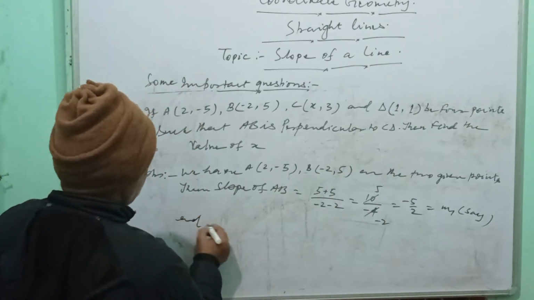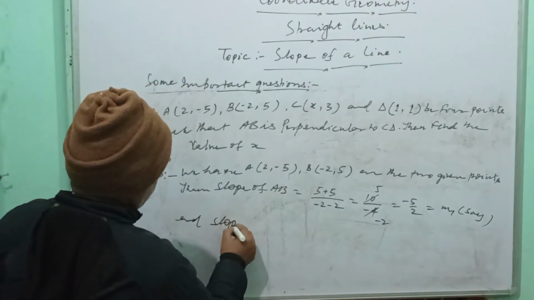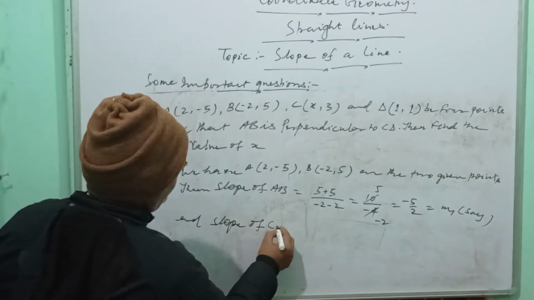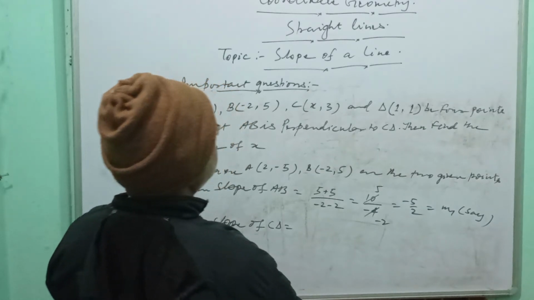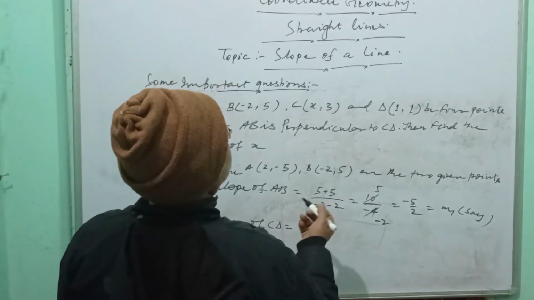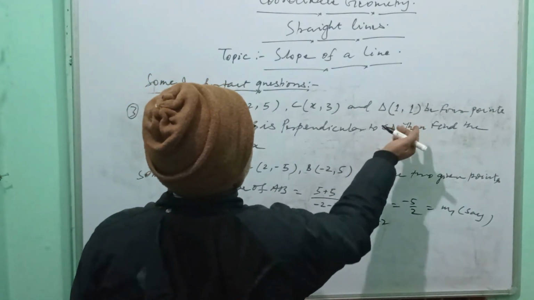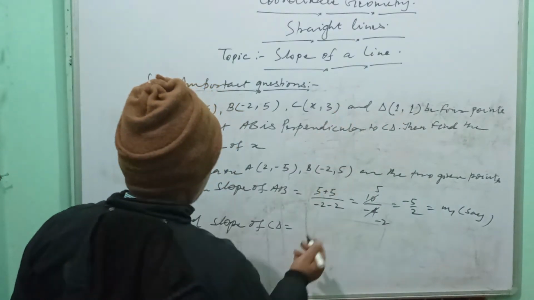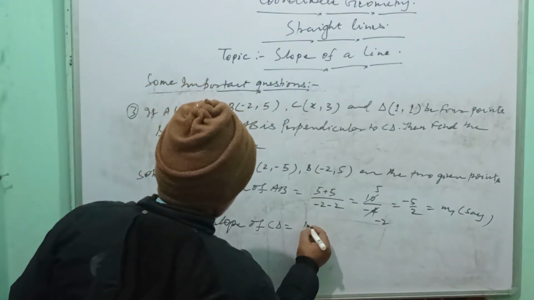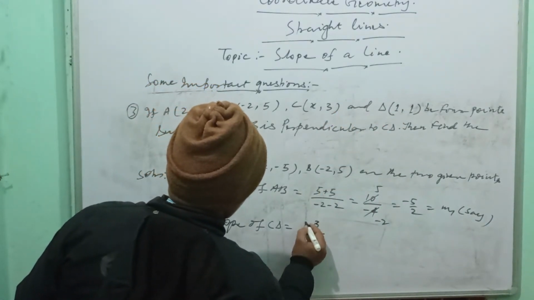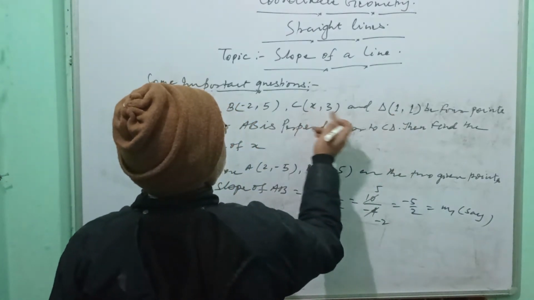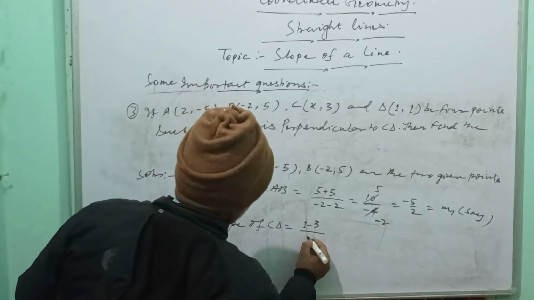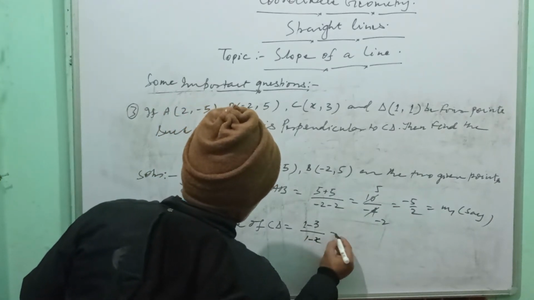And slope of CD is equal to y2 minus y1, means 1 minus 3, by x2 minus x1, 1 minus x.